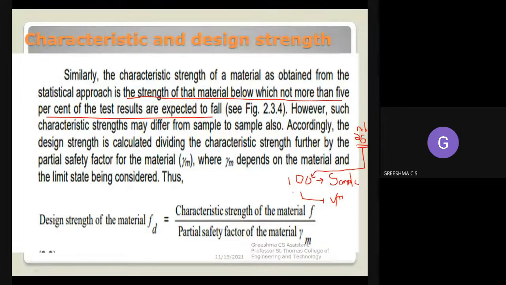Universal testing. How much load is... the third sample is having 27, like that the values are going. Almost the first 20 samples have a value more than 25.